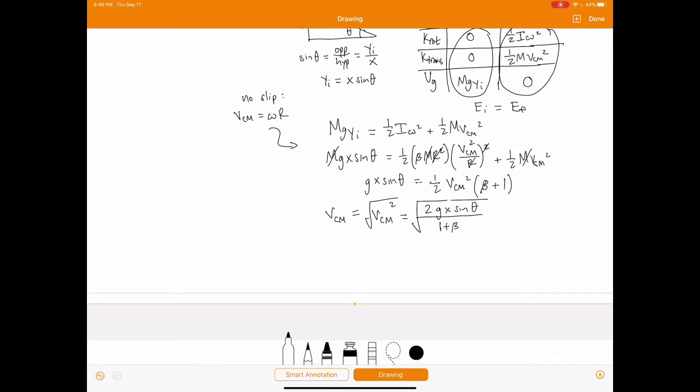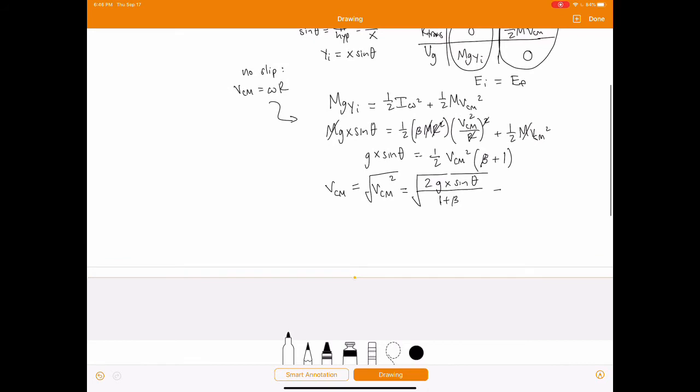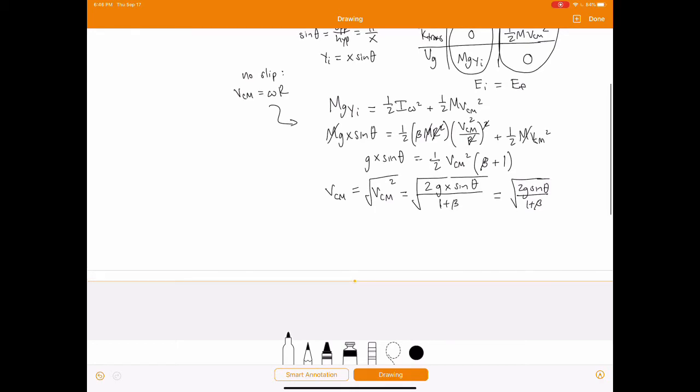That's how fast it's translating. But what we want is the acceleration. Okay, so that's going to take one extra step. What I want to do here is rewrite the expression for VCM in a slightly different way. So we have the square root of 2 times g times sine of theta over 1 plus beta. And then we have the square root of x, basically.